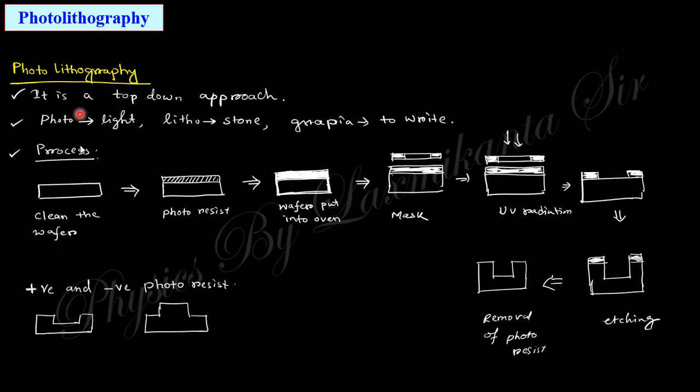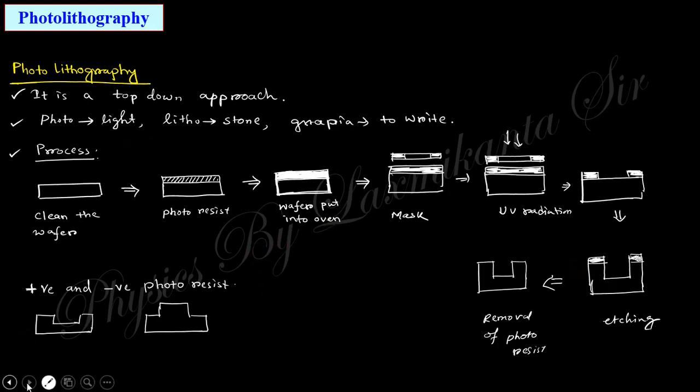This can be a positive photoresist material or negative. Positive means under UV light the exposed part is eliminated, and negative means the exposed part is not eliminated, while the dark portion is eliminated. This is the basic difference between positive and negative photoresist.